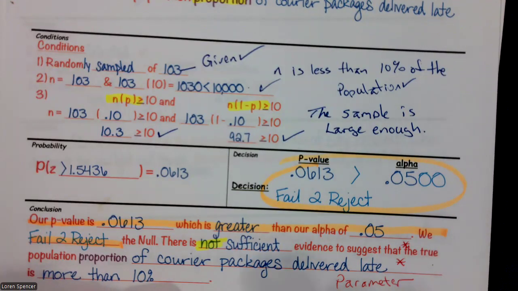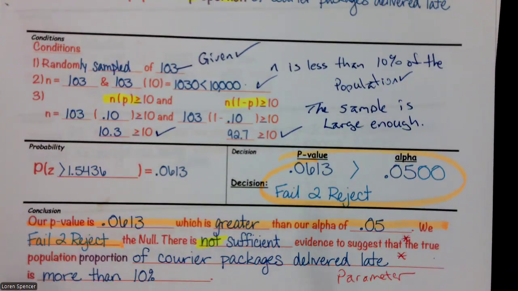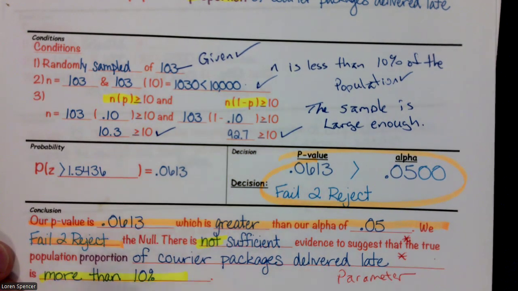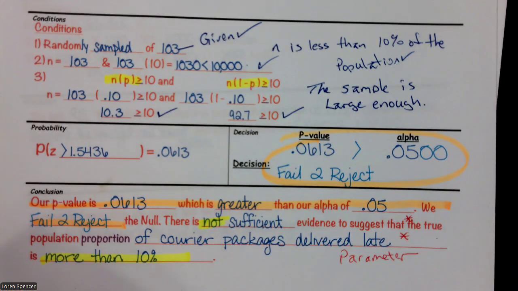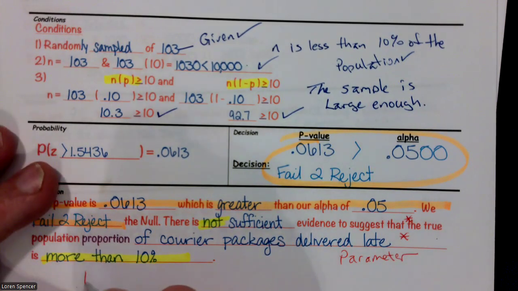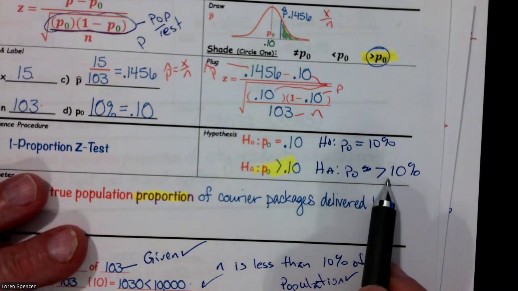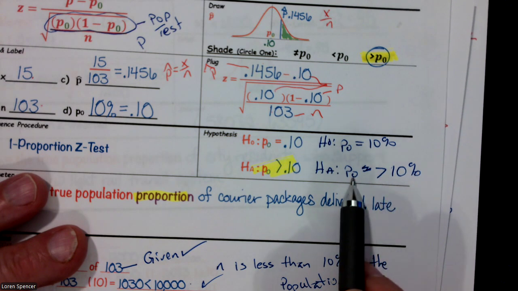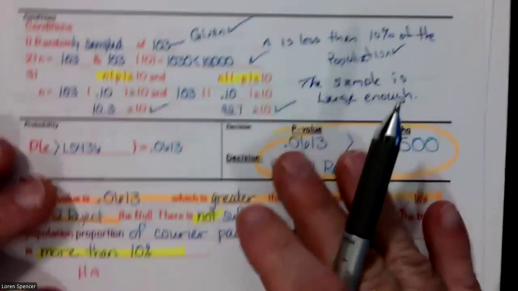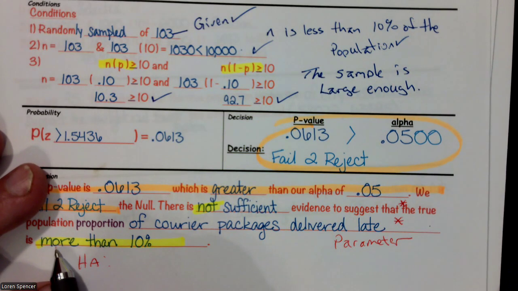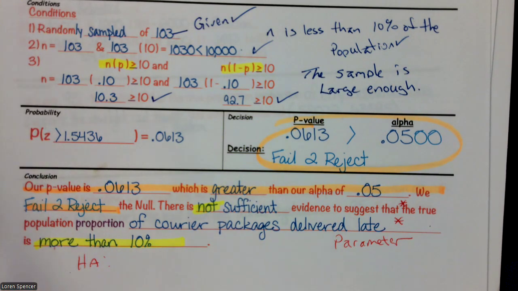Always take time to write a good parameter because it's going to show up again. And then it says is more than 10%. Well, that's the alternative hypothesis. We wrote it in words because our alternative hypothesis was p is greater than 10%. The proportion is greater than 10%. Greater than is another way of saying more than 10%.